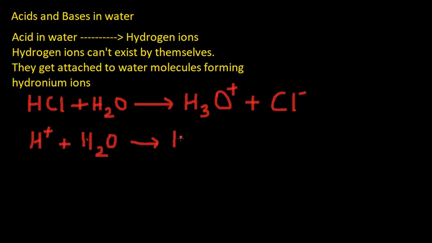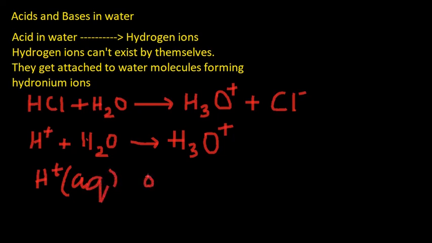So whenever we are writing a hydrogen ion, we either write it in the form of H plus (aq), that is hydrogen ion dissolved in water, or we write it in the form of H3O plus, that is hydronium ion.